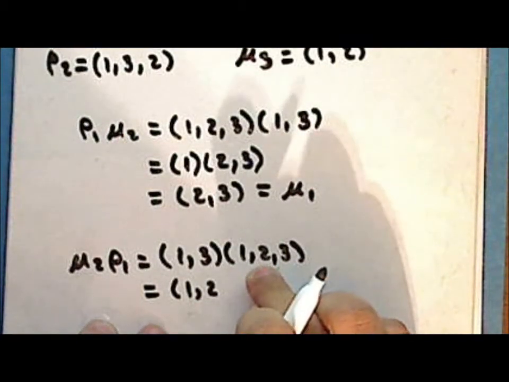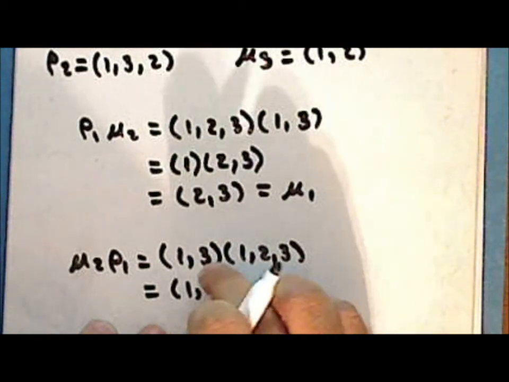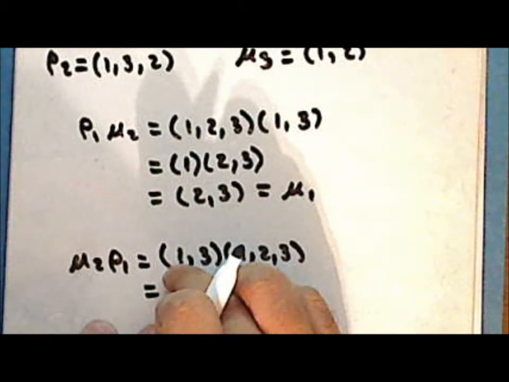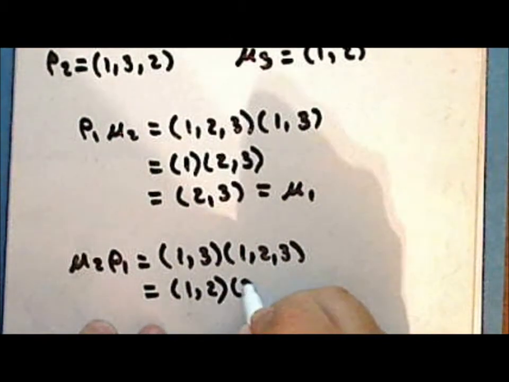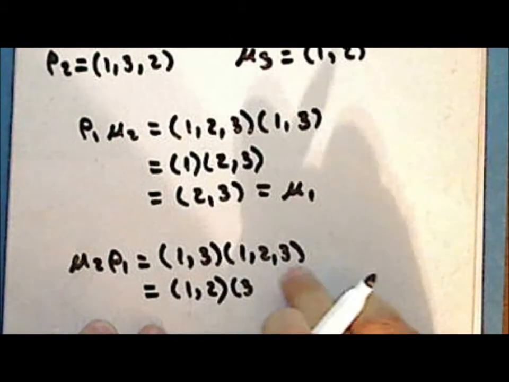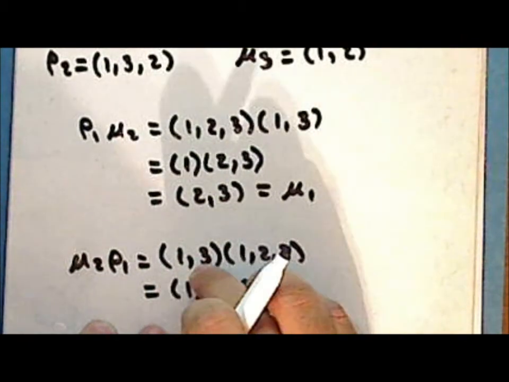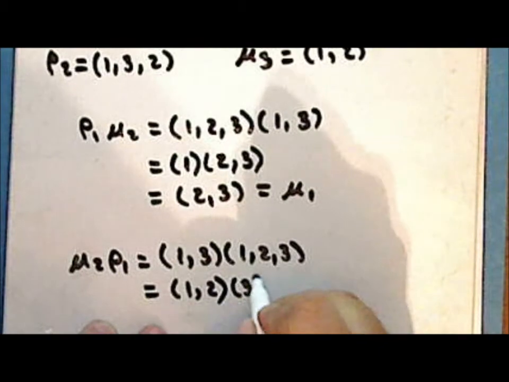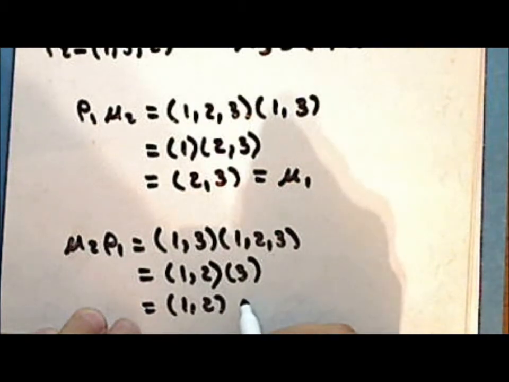So now we start with 2. 2 is mapped onto 3 in the first map, and then in the second map onto 1, and so that completes the cycle. If we start with 3, 3 is mapped onto 1 in the first map, and 1 is in turn mapped onto 3 in the second, so 3 cycles out. And so this is the cycle 1, 2, which is mu sub 3.